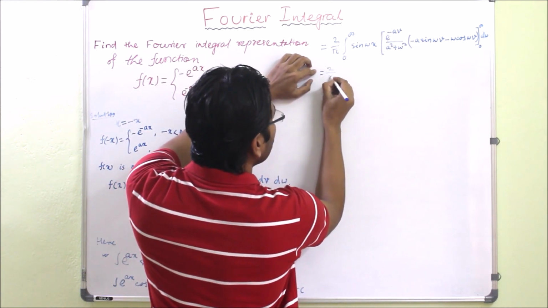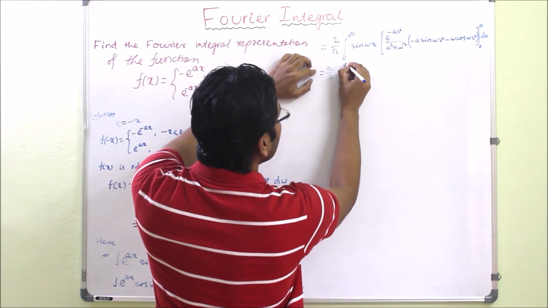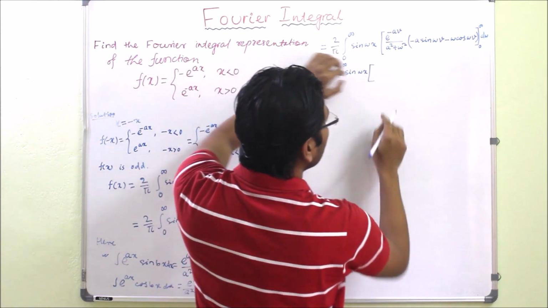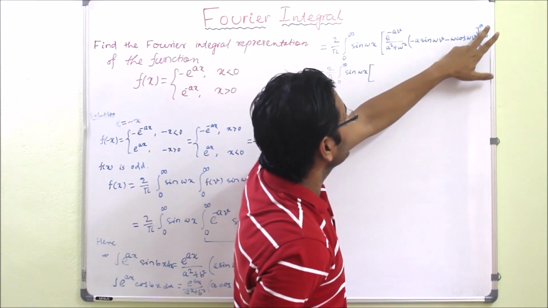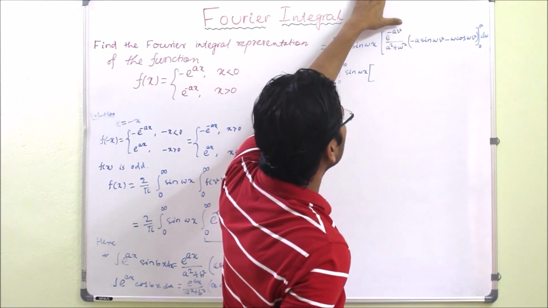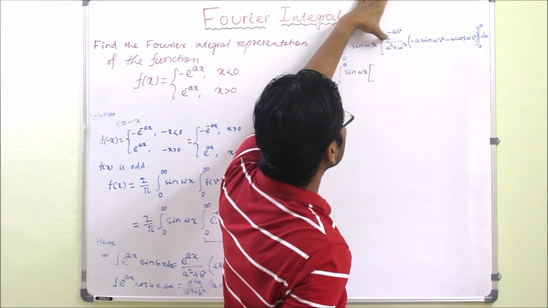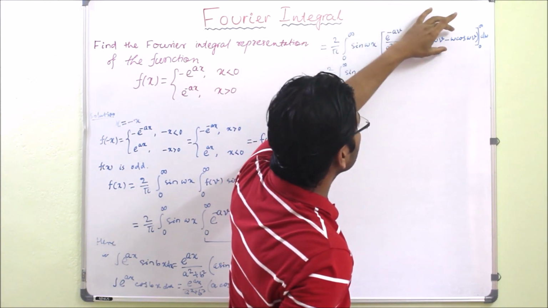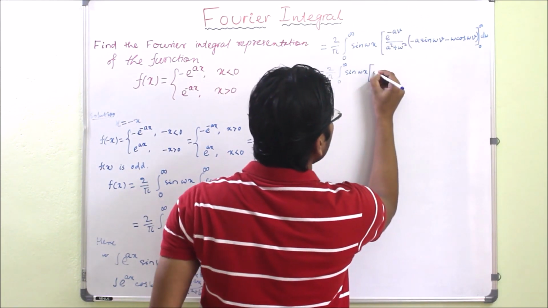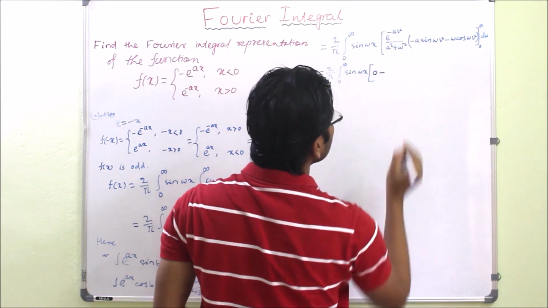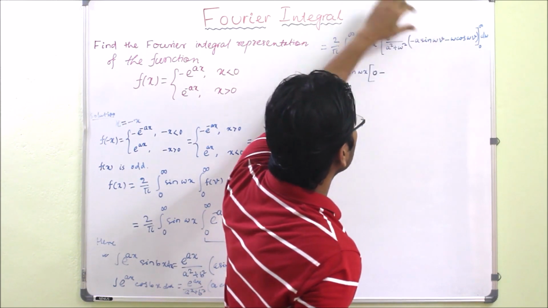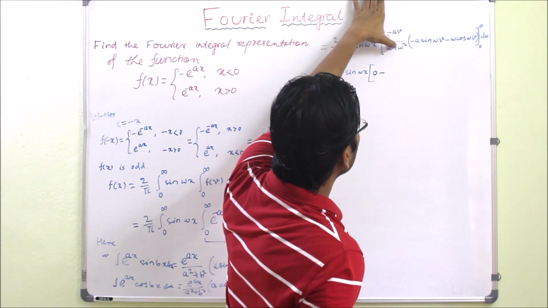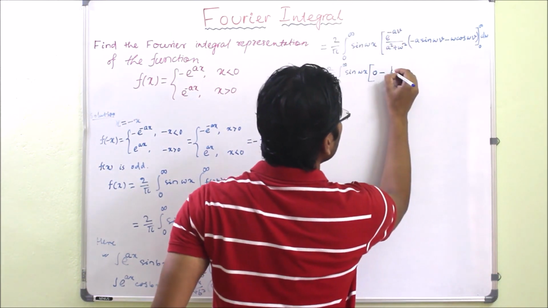So 2 by pi, 0 to infinity, sin wx, within the bracket. Now if we put infinity in place of v, e to the power minus av will be 0, and 0 multiplied with this factor, the total will be 0. So I will write 0, then minus. If I put 0 in place of v, it will be 1, so 1 by a square plus w square.